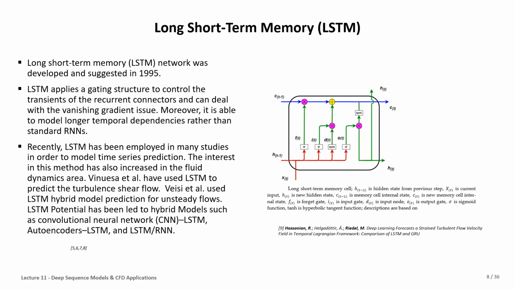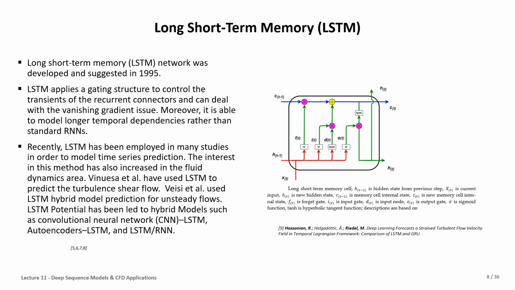Here is a short description of the long short-term memory model, LSTM. Here you can see its architecture, how it is created from the hidden state and the new hidden state.